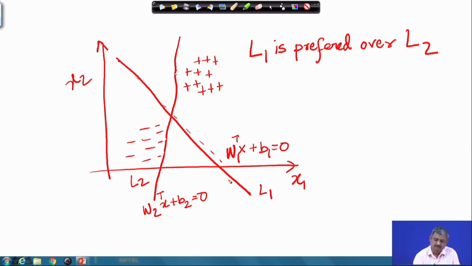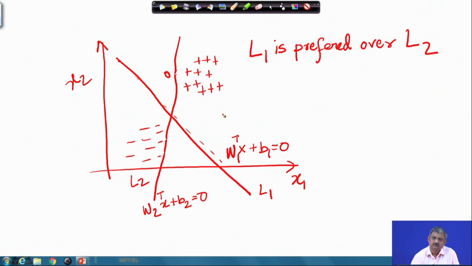The answer is, for these given points they are fine, but our goal is to classify a new point. Okay. So, suppose I have a point like this, a point like this.